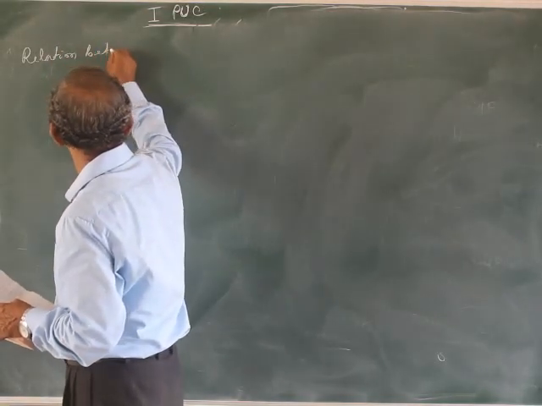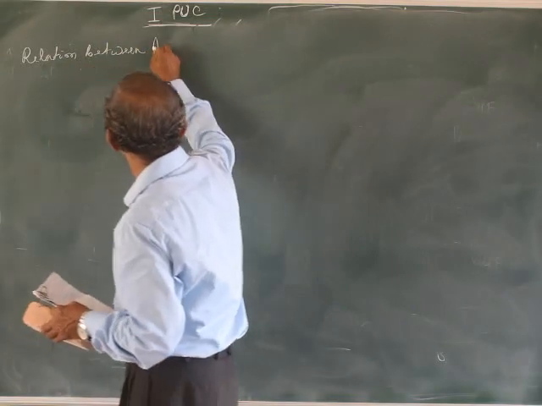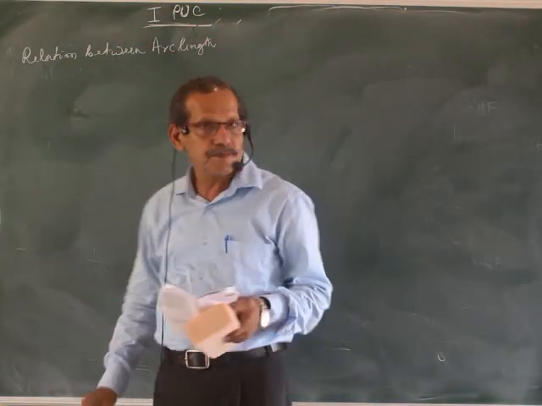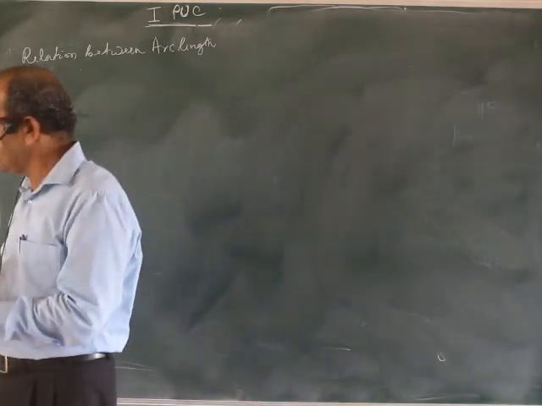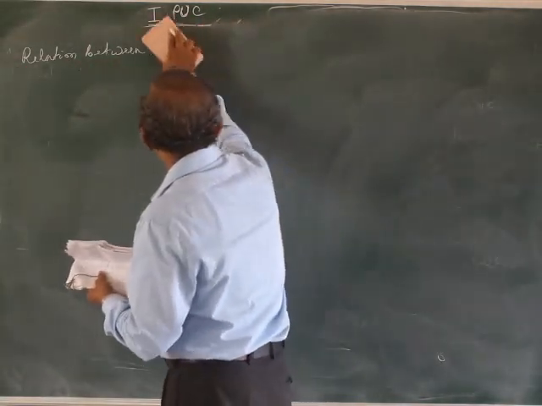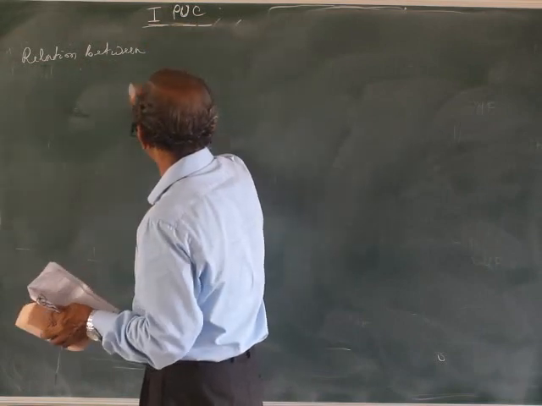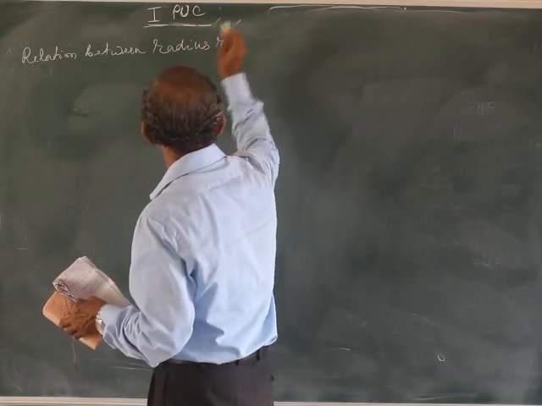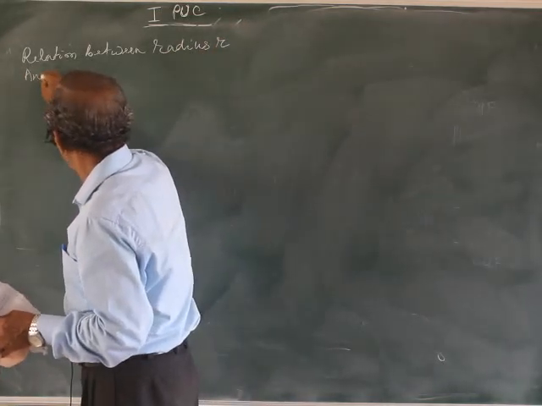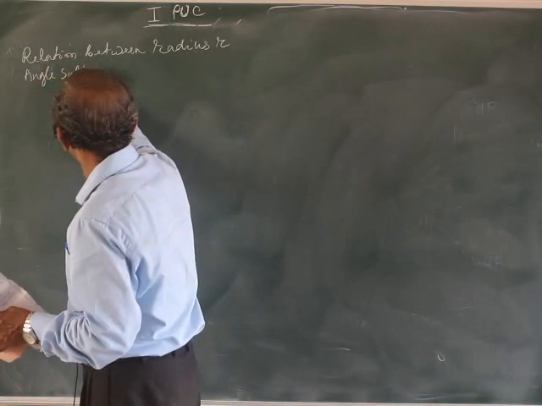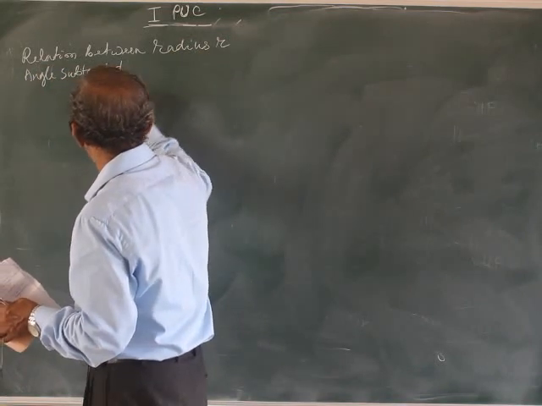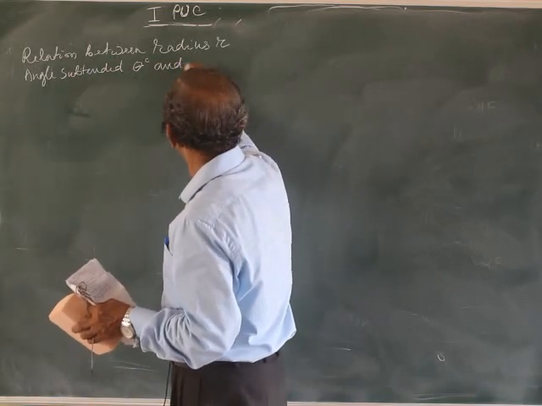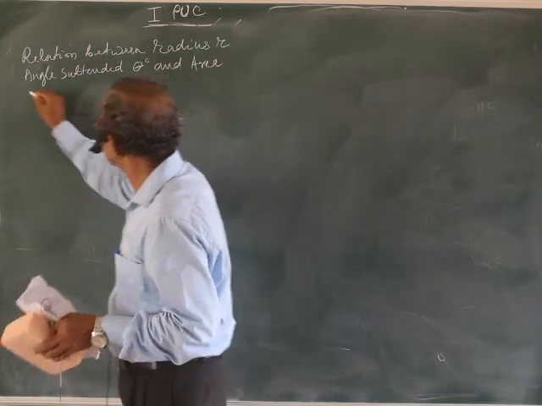Relation between arc length, radius r, angle subtended theta radians, and area of the sector.